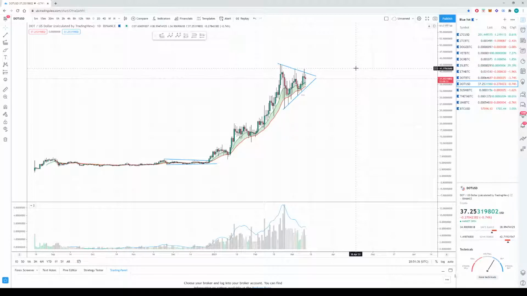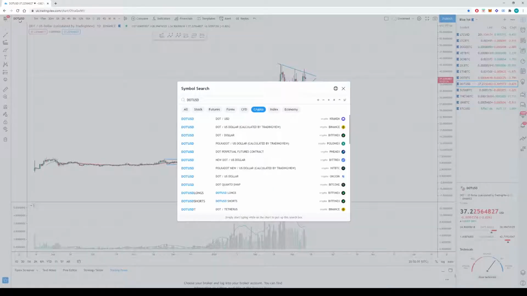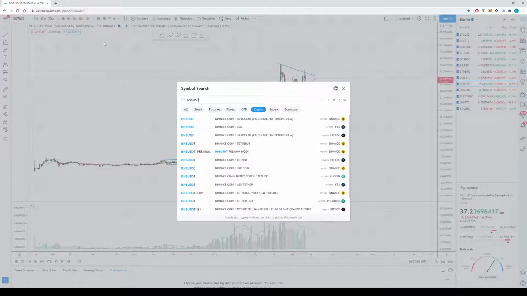Despite that, it's still worth looking at the USD pairs just in case you get some pattern formation. I think BNB was another example, where there wasn't much going on in the BTC pair, but on the USD chart, there was some kind of setup. There were a few other ones I know you had on the perpetual where some patterns formed.